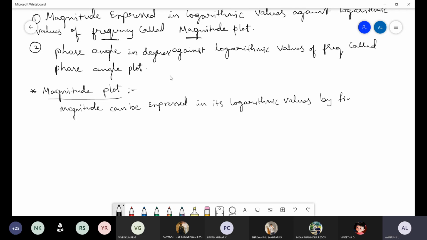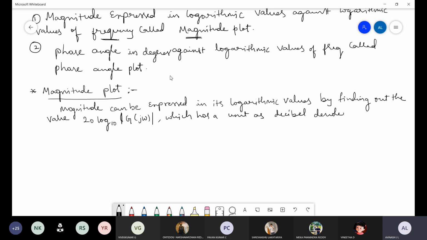by finding out the value 20 log 10 of modulus of G of j omega, which has a unit of decibel, denoted by dB. Write this particular thing, all of you.